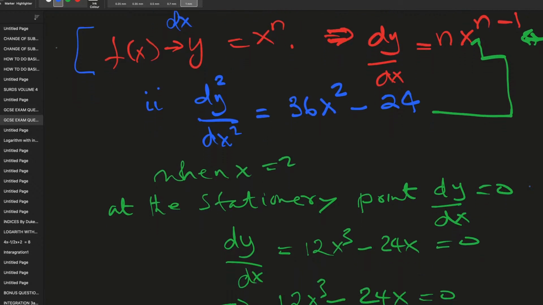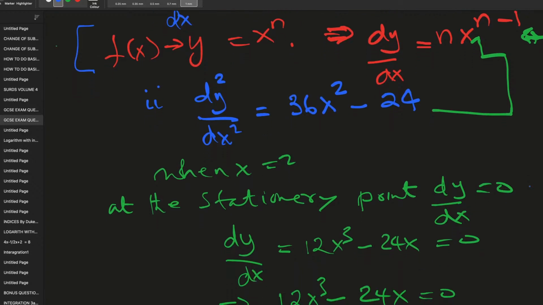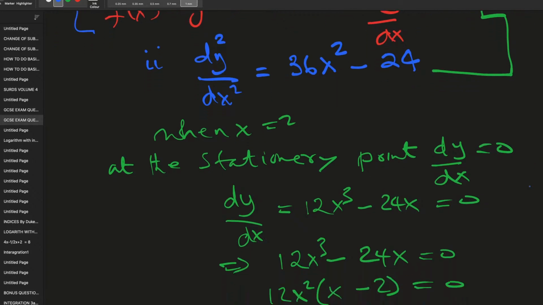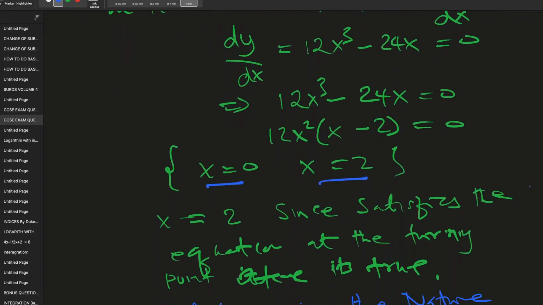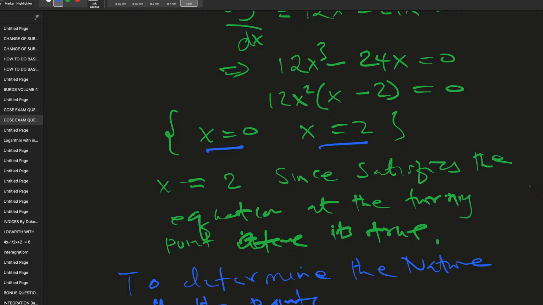At the stationary point, when dy/dx equals 0, we find that x equals 2 is a solution that satisfies the equation at the turning point, so the statement is true.